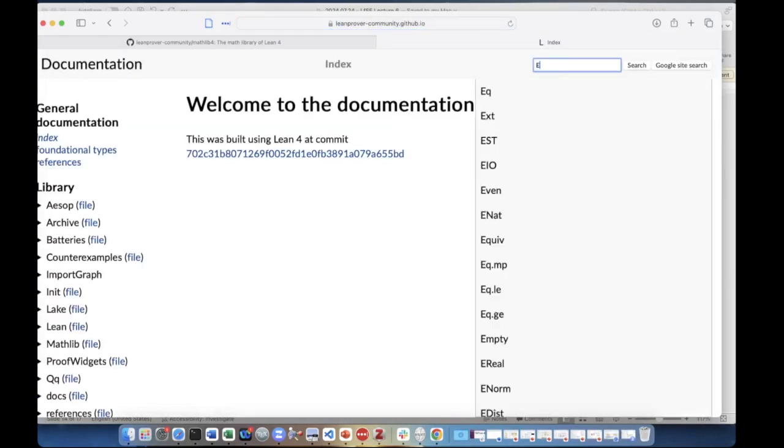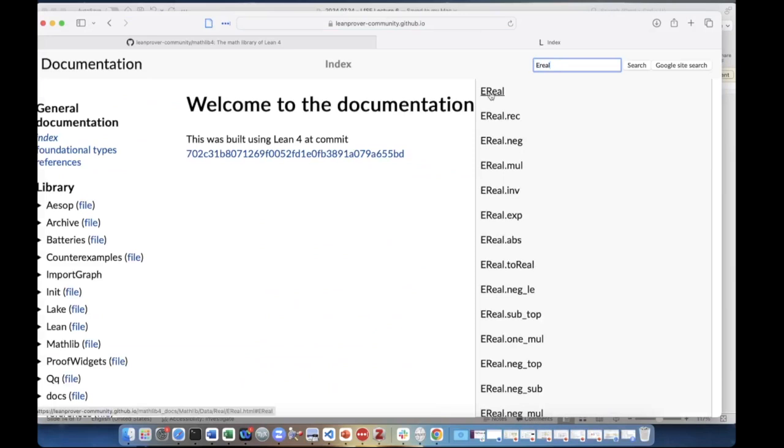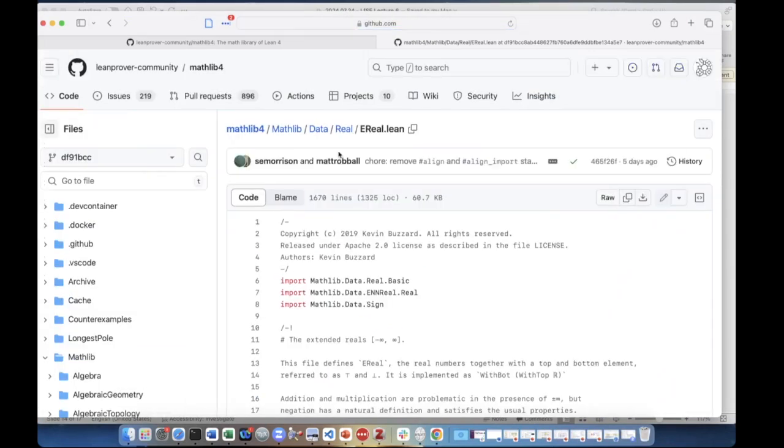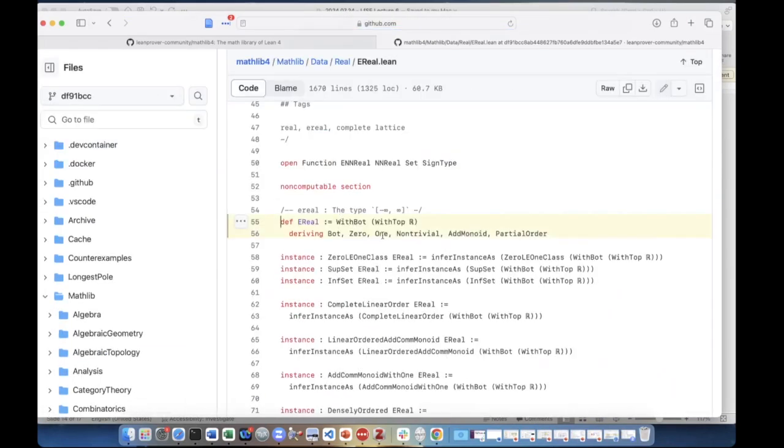Might be EReal. EReal? Yeah, EReal. So we have EReal, which includes negative infinity and infinity. And it's a type. And you can go to the documentation and find out.